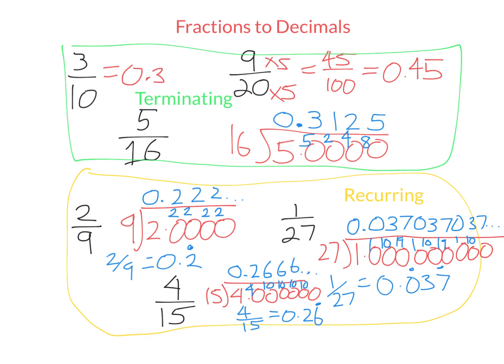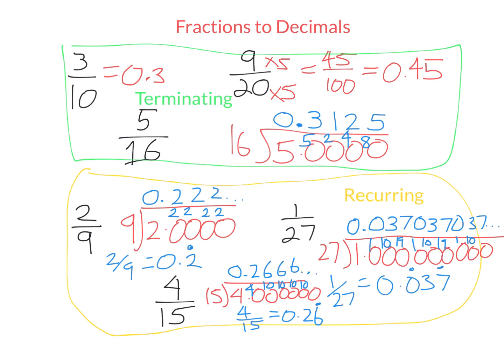So when the denominator can go evenly into a power of 10, you have a terminating decimal. You have a decimal that ends after a certain number of digits after the decimal point. But when the denominator is a number like 9, 27, or 15, when it is a number that cannot go into a power of 10, the decimal goes forever and is recurring. It goes on forever and ever, but there is a pattern to it.